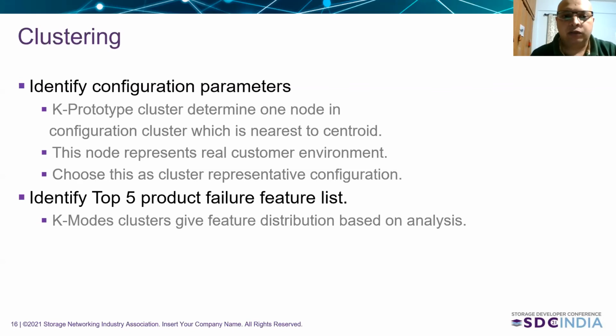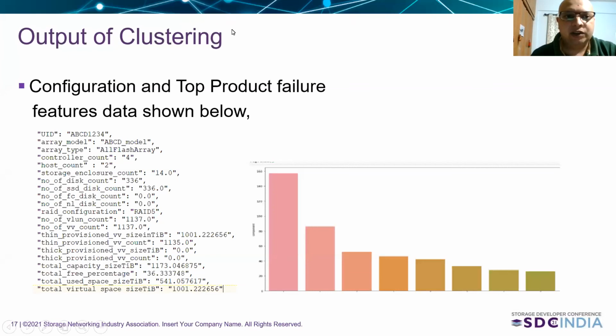Now coming to the top 5 product failure list. The K-mode cluster list gives us a feature distribution based on the analysis. We will see that now. Here you can see the configuration cluster, that is the K-mode cluster. This is one of the nodes' parameters, which was close to the centroid of the K-prototype cluster.